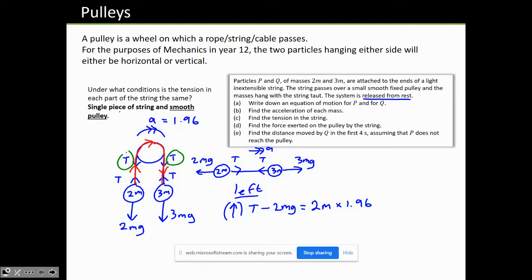So I end up with my tension equals 2 times 1.96.